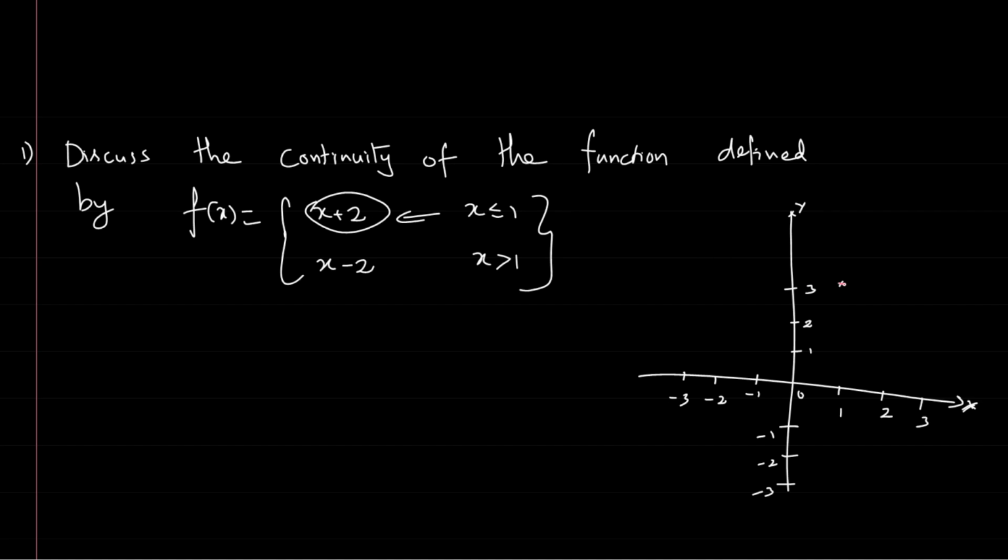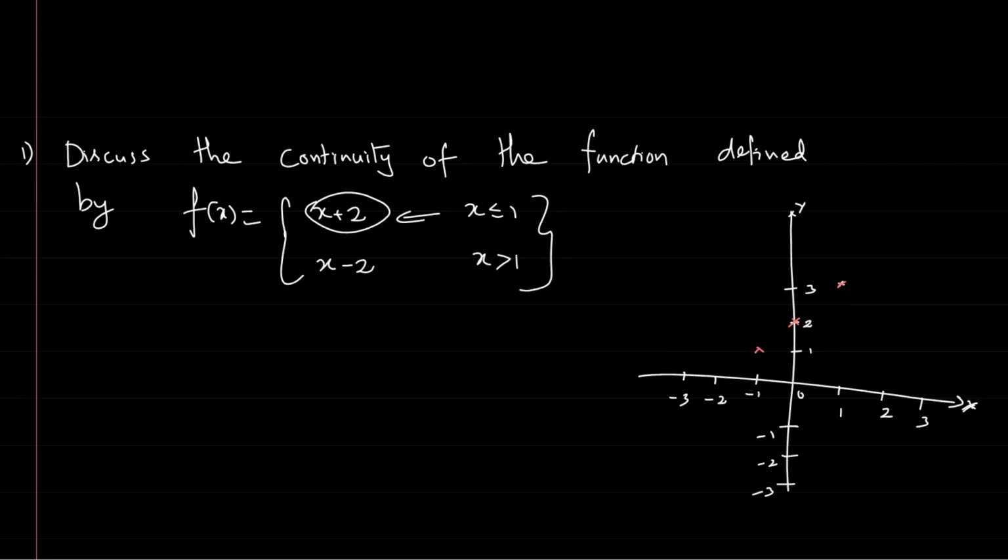Clear? The next is when x is equal to 0, that is less than or equal to 1. Therefore, when x is equal to 0, 0 plus 2 is 2. When x is equal to minus 1, minus 1 plus 2 is 1.